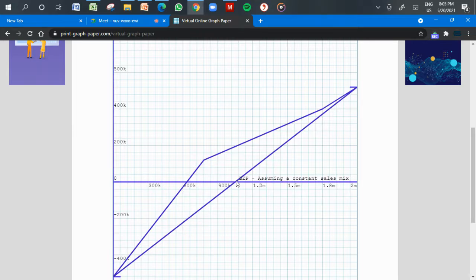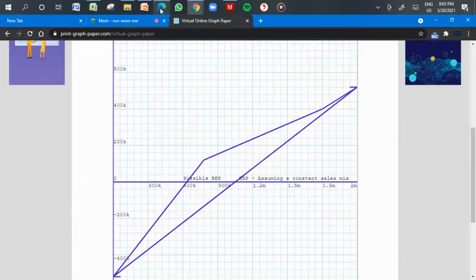What about this point? It seems as if the horizontal line is being crossed by two lines here at different points. What does it mean? This one represents a possible break-even point, assuming the predetermined mix is changed.